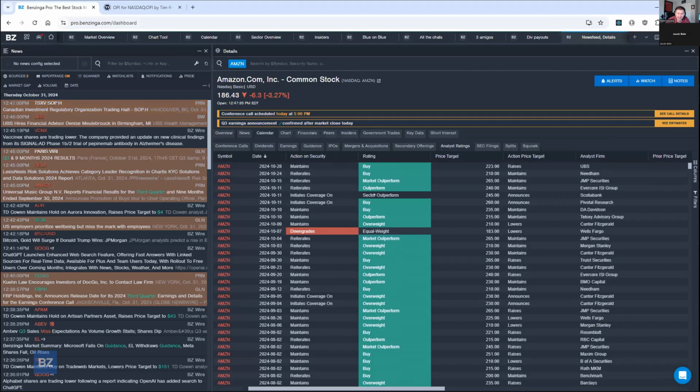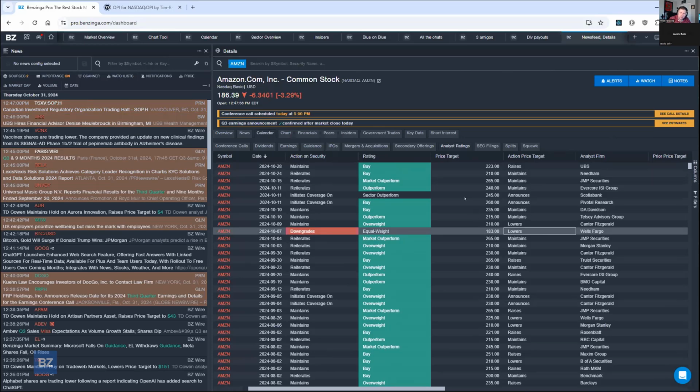Neutral ratings are not highlighted, like sector outperform, equal weight. Those are not going to be highlighted. And then negative ones are going to be highlighted in red. So for example, right here, this was Wells Fargo downgraded Amazon on October 7th and lowered the price target here to 183.